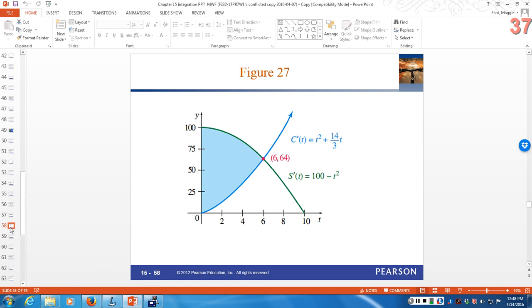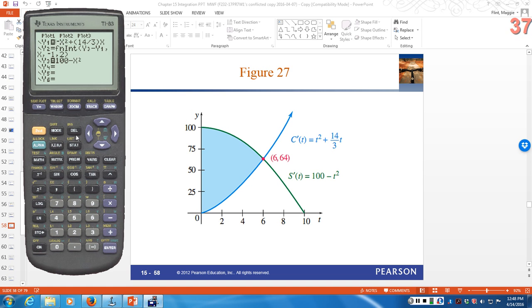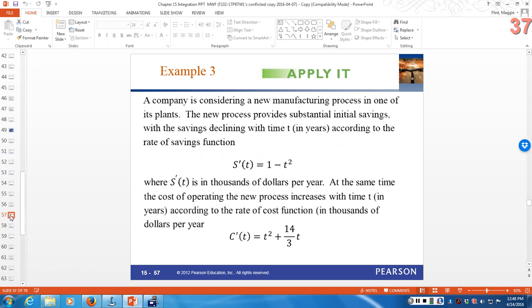Let me go back to the original functions here and put them in again. X squared plus 14 over 3 times x. Okay, that one's good now. The other one's 100 minus x squared. It says 100 on the graph, but this says 1.